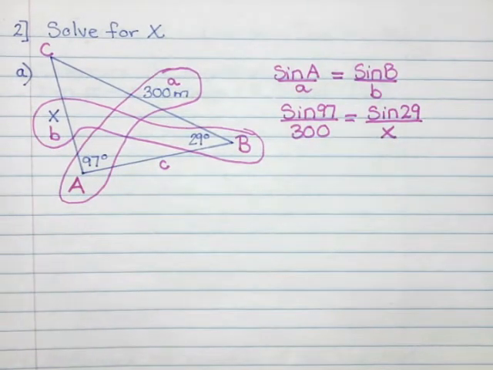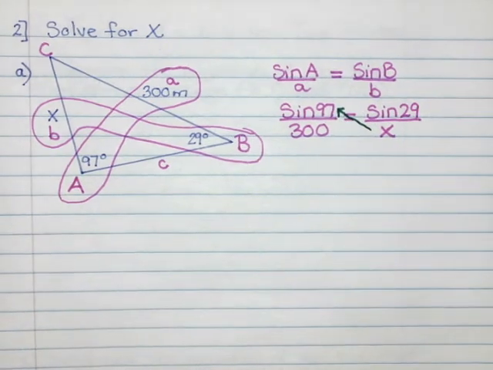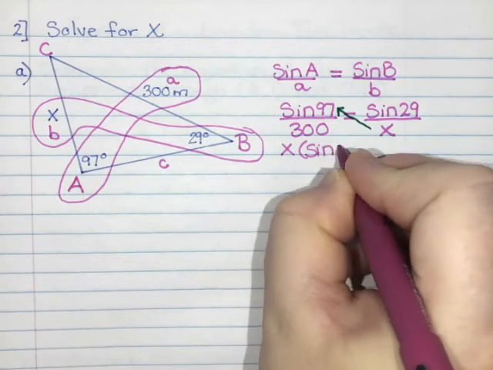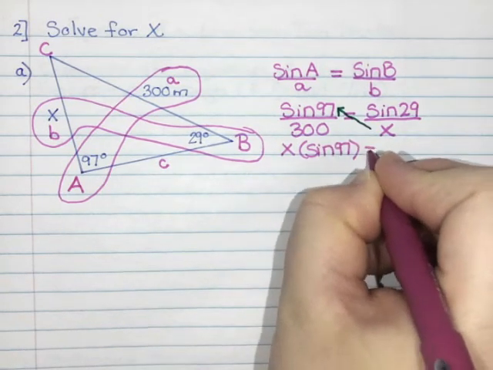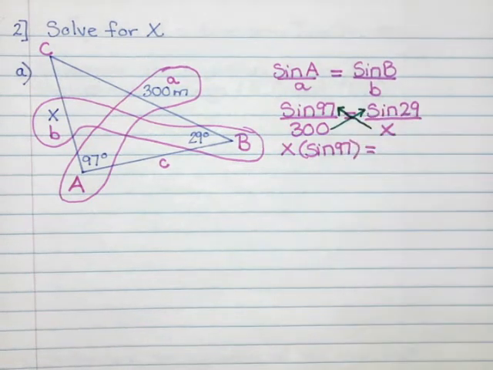Now from here, because I have fractions and I don't really like that, we are going to cross multiply. So I'm going to multiply x times sine of 97. And then I am going to multiply 300 by sine of 29.